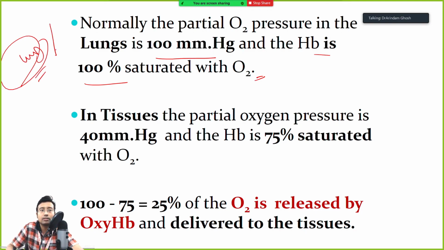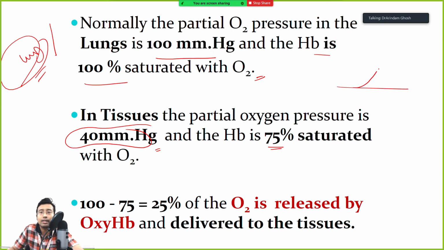This we have discussed multiple times in previous classes. At the tissue level, what happens? I told you 40 millimeter of mercury, right? And over there, hemoglobin is 75% saturated. Why? It needs 25 millimeter for it to drop to 50%, but it is 40 mm, so it is already 75% saturated.